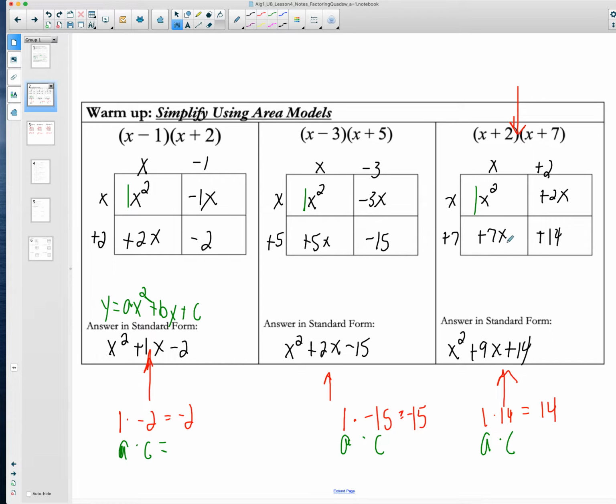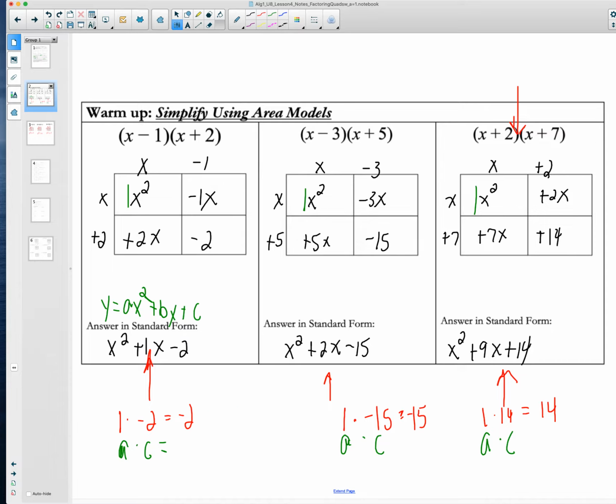Now when we look at this middle value, that is the bx term right here. When we add these two terms, we combine like terms, and that's always our bx term. But what we can see is that these two always multiply to 14, that's a times c. These two multiply to negative 15, that's a times c. These two things multiply together, that's a times c.